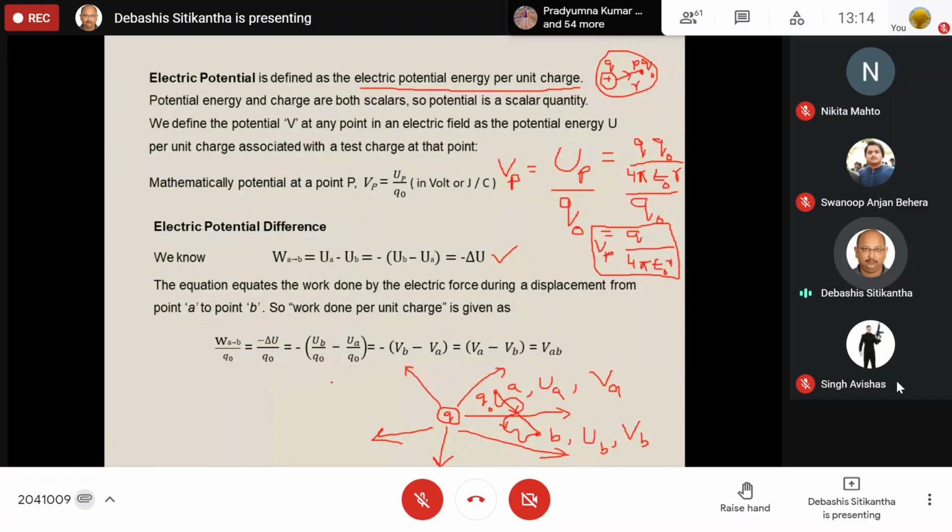Now just look at this equation. I have just mentioned that this minus delta U is equal to minus of UB minus UA, divided by Q0. Now if you can see, this is a term which you are already familiar with.